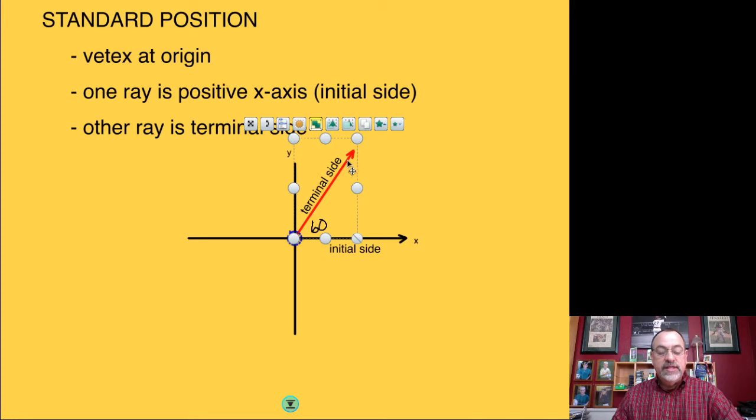The terminal side is in the exact same position, so it's 60 degrees, but we went once more around the circle. So because I went once more around the circle, to determine a coterminal angle, I simply add an additional 360 degrees to the original angle. So this would be a 60-degree angle. An angle that's coterminal with that would be 60 plus another 360, which would be 420.